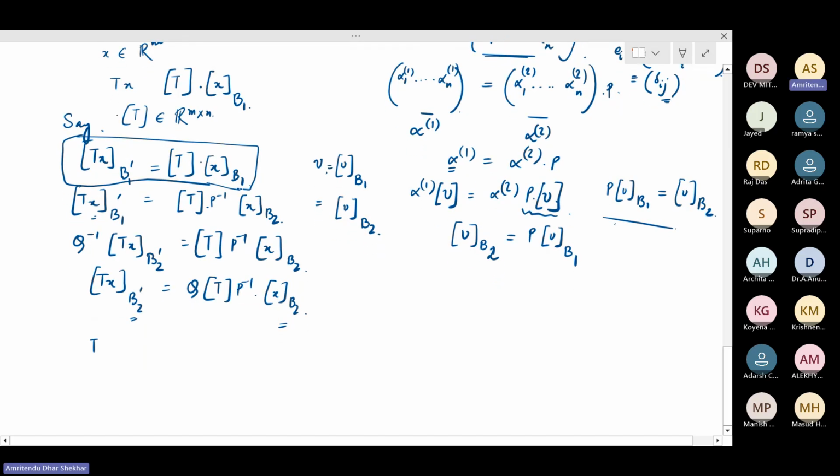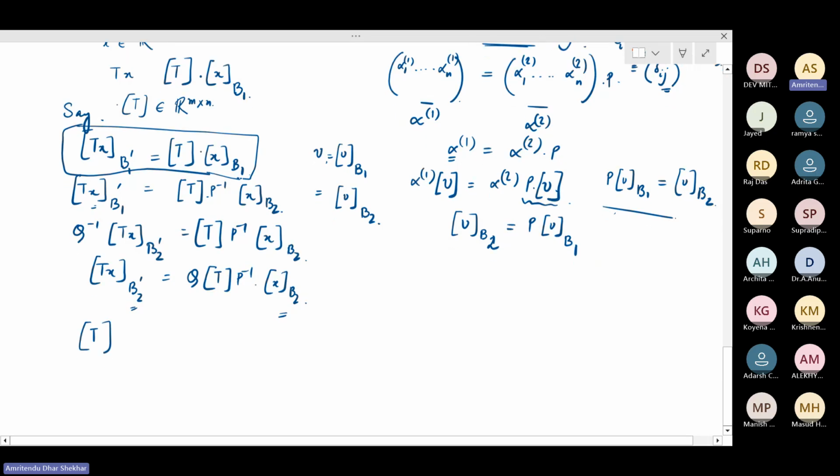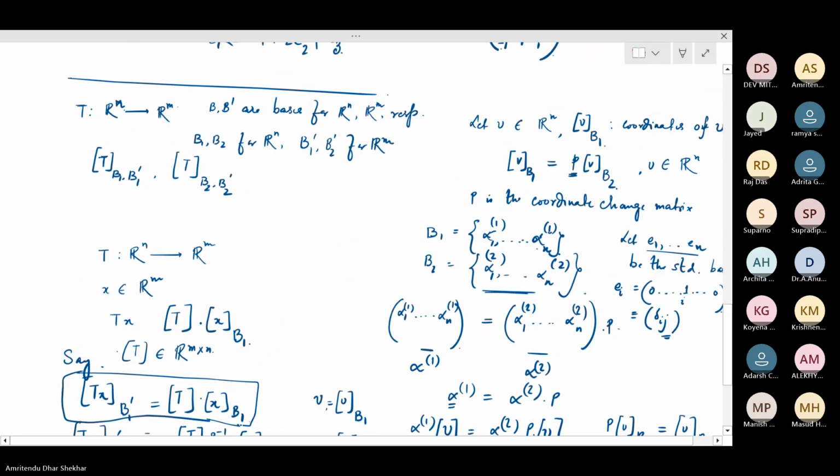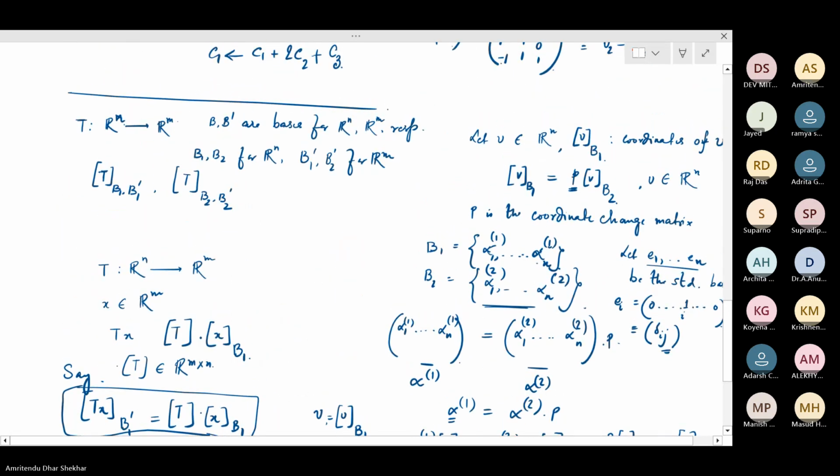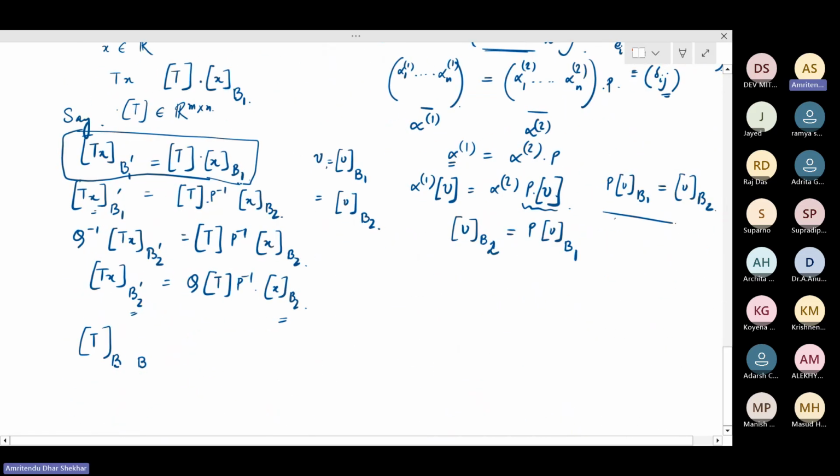So your T now with respect to the basis b2 comma b2 prime is given by Q times T, which is the matrix representation corresponding to b1 comma b1 prime, times P inverse. Okay.